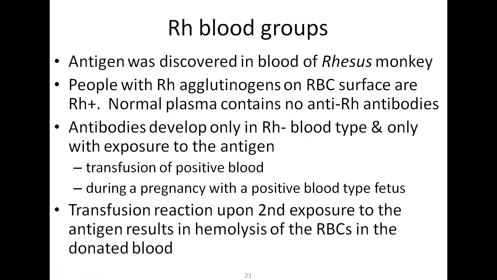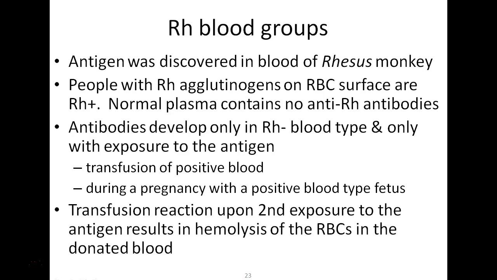In addition to the classification of blood as type O, type B, or type AB, we also have Rh blood groups. It gets its name Rh because this antigen was discovered in the blood of a rhesus monkey.